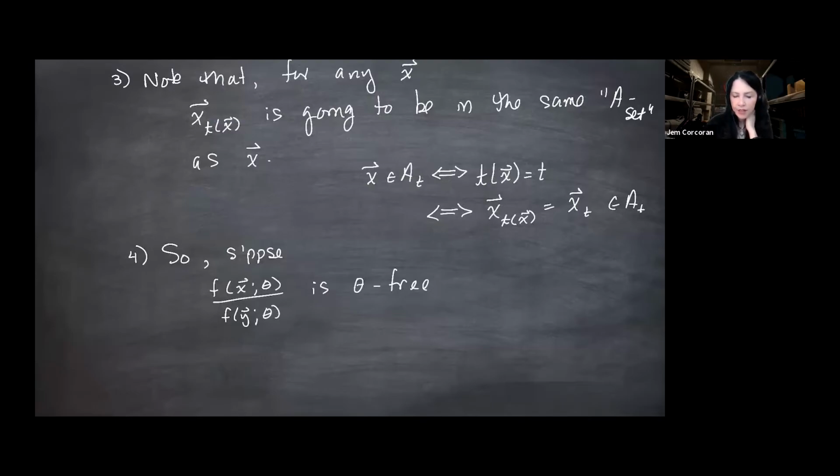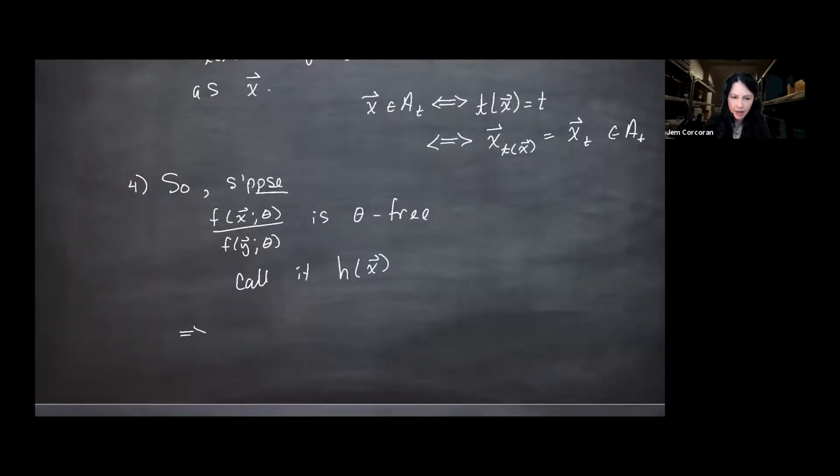No, that's actually the condition. We started with a statistic T that, no, I can't guarantee that that's going to be theta free. I can just say if that's theta free, then T(x) has to equal T(y). So yeah, I'm going to suppose it's theta free. And so I'll call it, say, h of x, a function that does not depend on theta. So this is going to imply that, I'm so sorry, this whole step is wrong. Sorry.